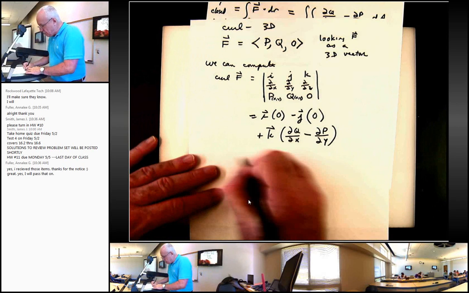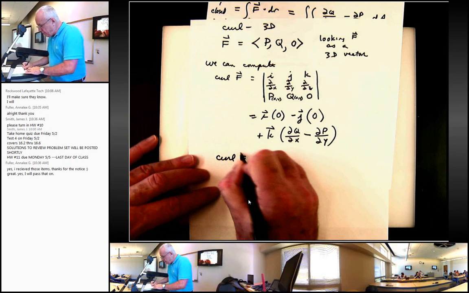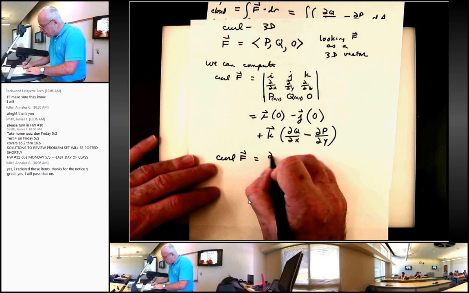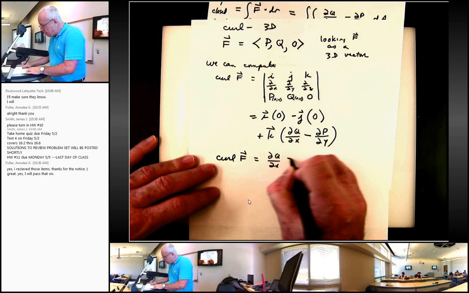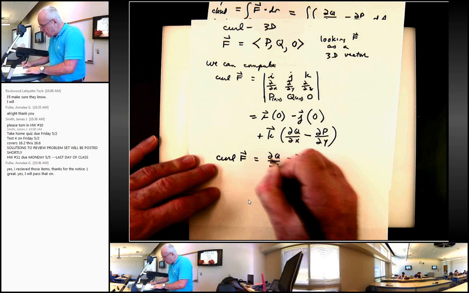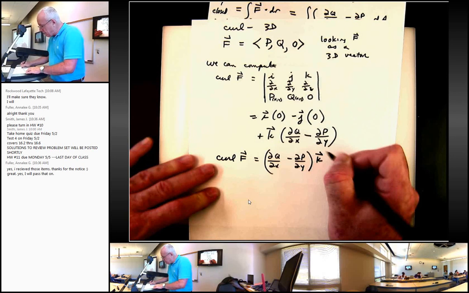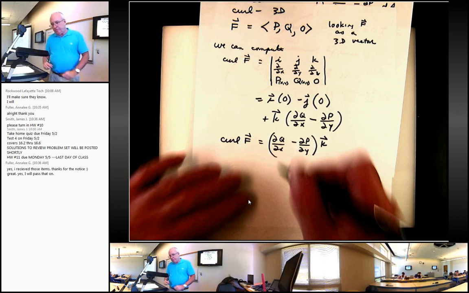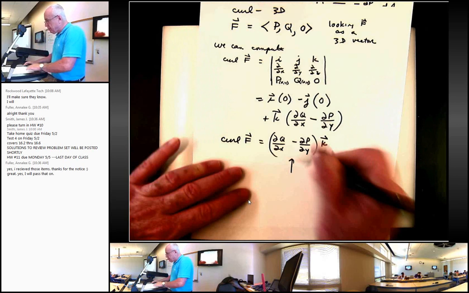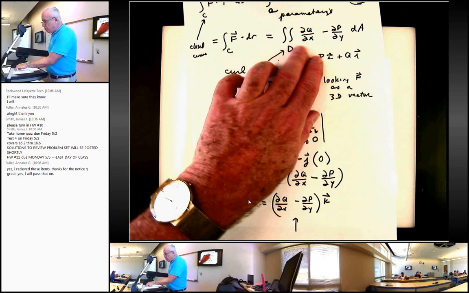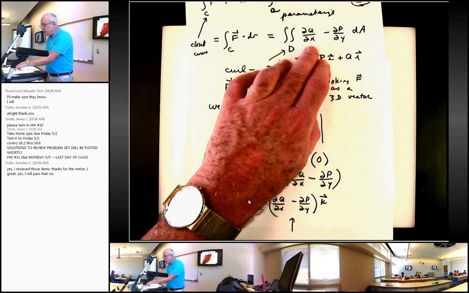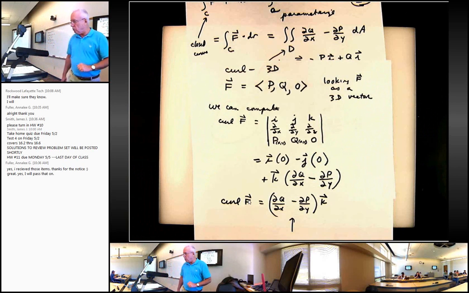So, of course, we have here the curl of this F is equal to, let's just write it like this, partial q, partial x, minus partial p, partial y, and that's all multiplying the k vector. Okay. All right, so this ought to look familiar from Green's theorem, because Green's theorem involves the partial q, partial x, minus partial p, partial y.